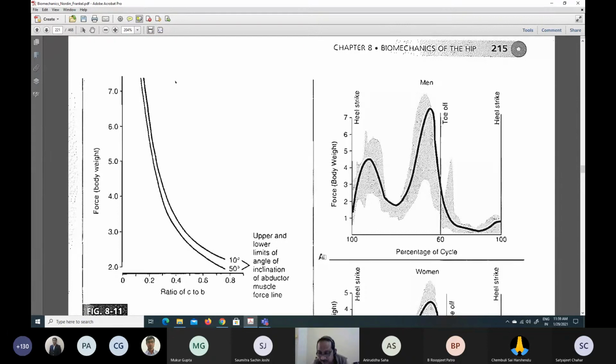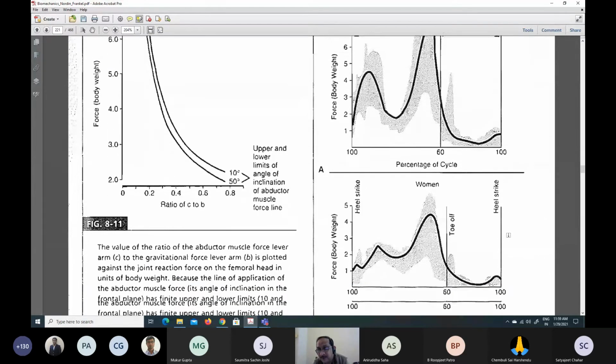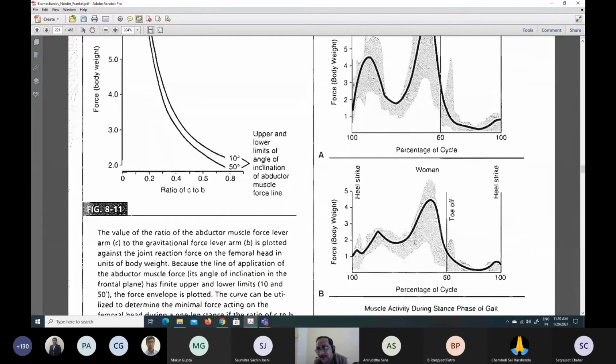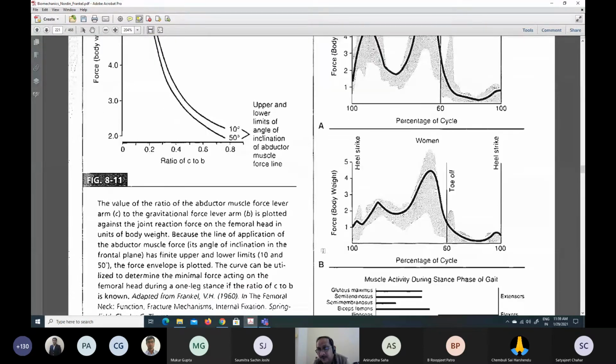Case A refers to the force pattern for normal men, the variation of the hip joint reaction force during the gait cycle. For women it is a little different. That is pattern B, the force pattern for normal women.